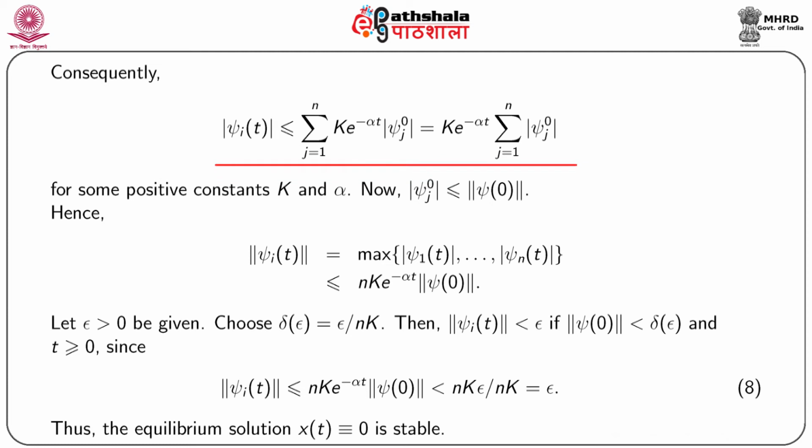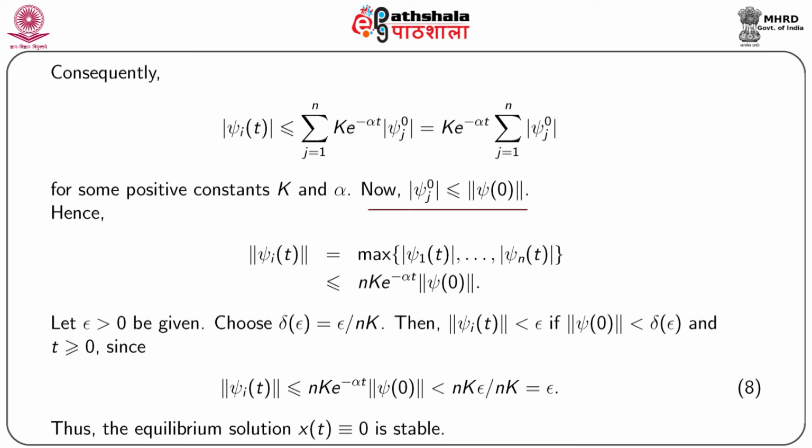Consequently, the modulus of ψ_i(t) is less or equal to the summation j equal to 1 to n of K e^(minus αt) times the modulus of ψ_j(0), which is equal to K e^(minus αt) times the summation j equal to 1 to n of the modulus of ψ_j(0), for some positive constants K and α.